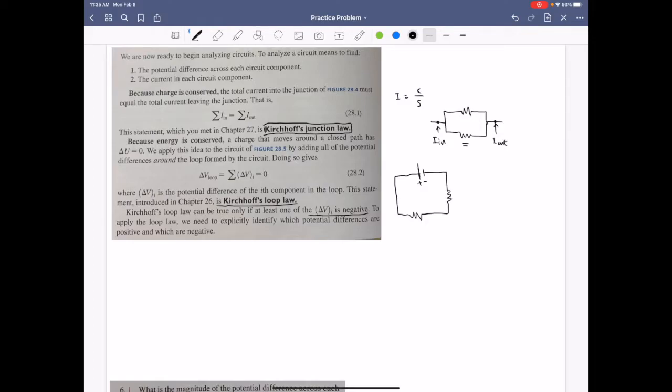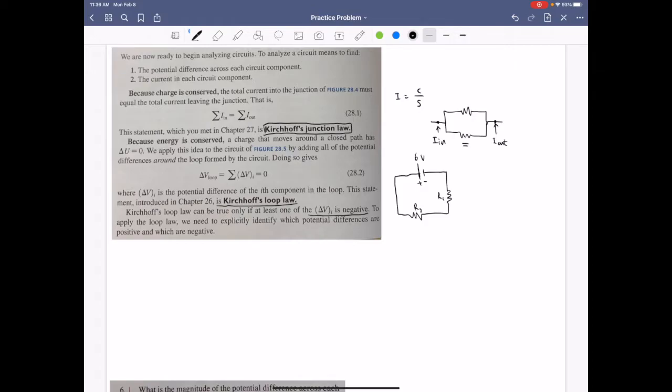For example, if this is 6 volts, then the two resistors, when you add them up, have to equal -6 to have a total sum of 0.